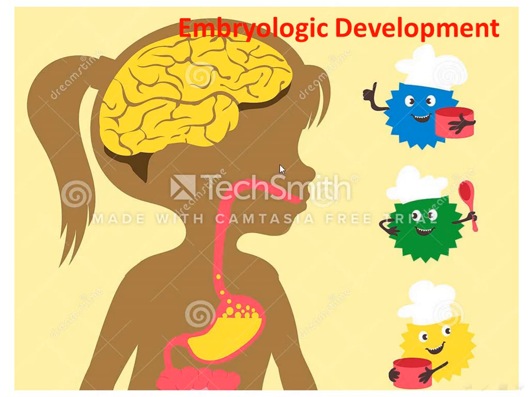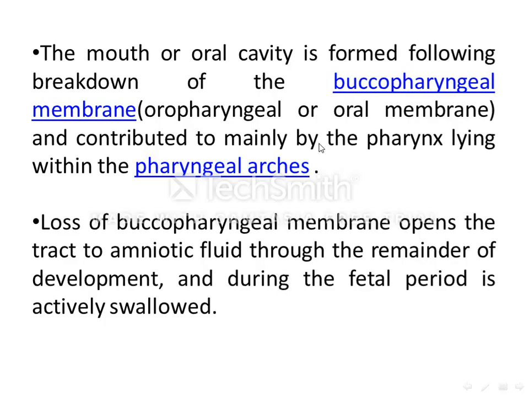The embryologic development. The mouth or oral cavity is formed following the breakdown of the buccopharyngeal membrane, which is also called the oropharyngeal or oral membrane, and is contributed to mainly by the pharynx lying within the pharyngeal arches.